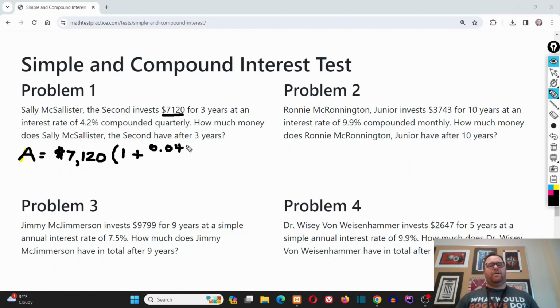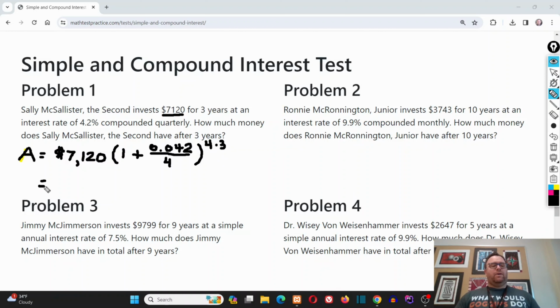If you're wondering how you would get that, you would divide 4.2 by 100. And then we're going to divide it by the number of times it's compounded per year, so 4. And we're going to raise that to the number of times it's compounded per year times the number of years, so 4 times 3, or 12. So we're raising that to essentially the 12th power.